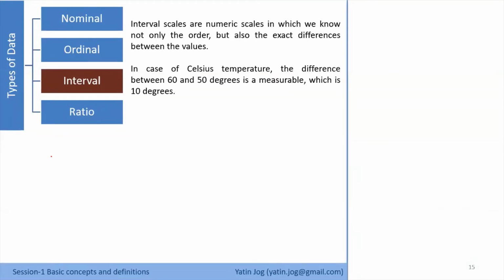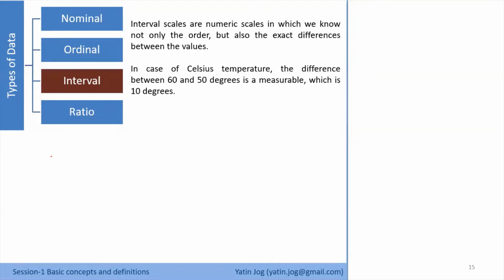Okay. Now we'll take the example of temperature. In case of Celsius temperature, the difference between 60 and 50 is measurable. I can count, I can measure. If the temperature of Pune and the temperature of Mumbai, then I can measure the difference in the temperature in Pune and Mumbai. Yes, that is measurable. In case of 60 and 50, the difference is 10 degrees.